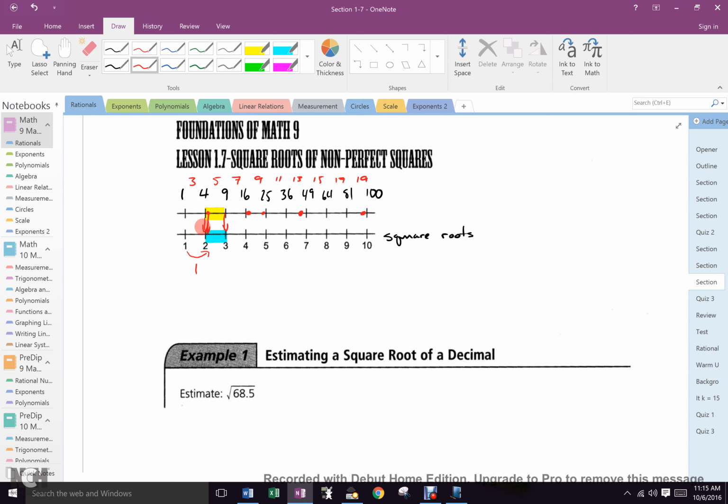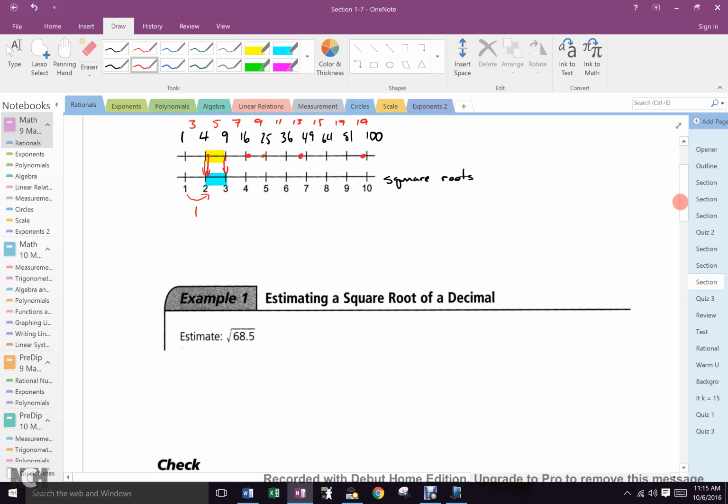Okay, so let's see if you really get it. First of all, let's look at 68.5. Can it possibly be perfect? Yes or no? Jamin says no. Why? What about that makes you know it can't be perfect?